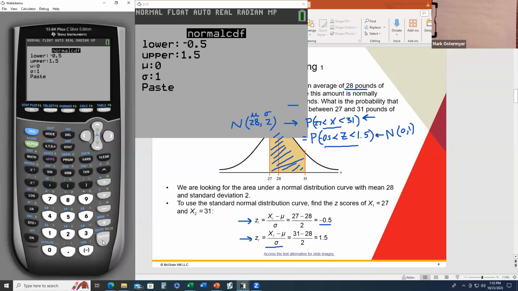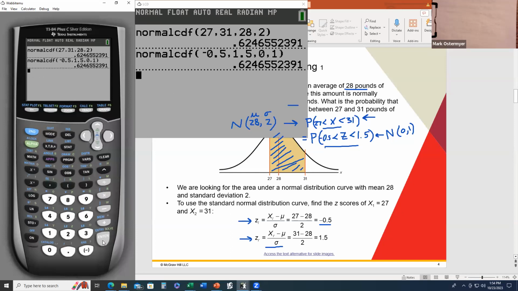But notice we'll get the same probability that we got by computing with the endpoints of 27 to 31. Same area. Everybody see that there? Same probability. In the old days, we had to do this because we did not have a calculator that could compute probabilities for this normal distribution with a mean of 28 and a standard deviation of 2.